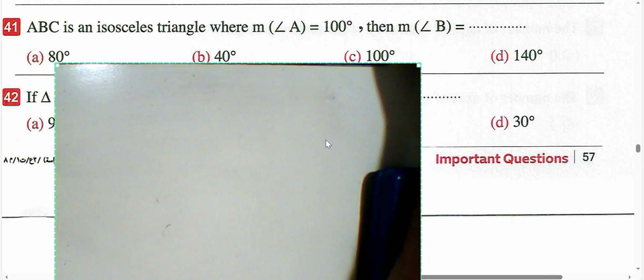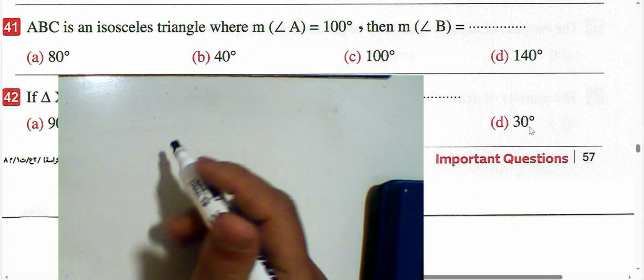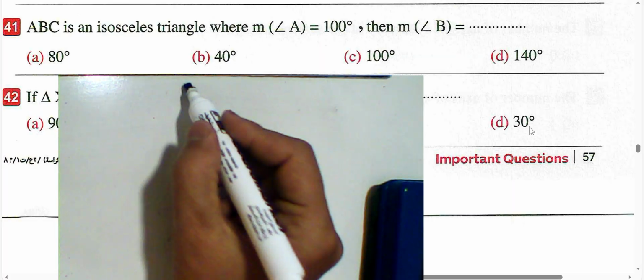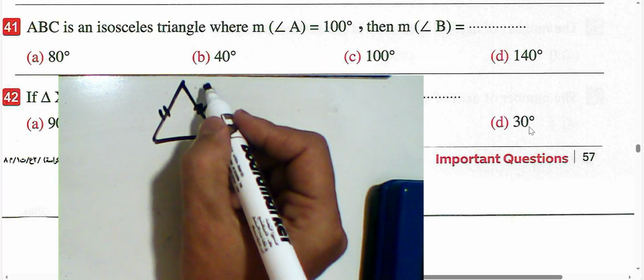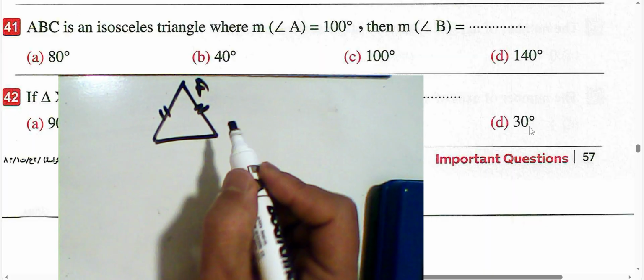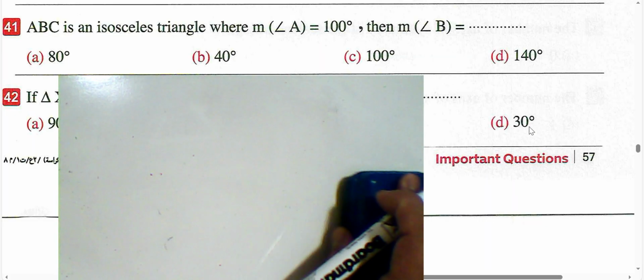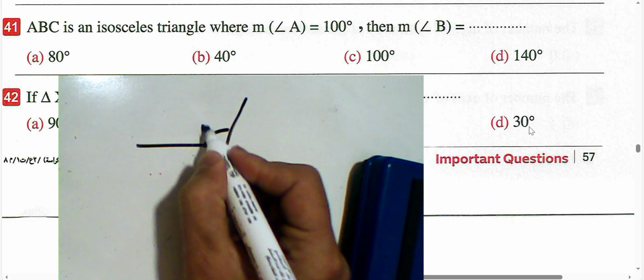Next question. ABC is an isosceles triangle. The measure of angle A is 100. It means the vertex will be 100. Why?